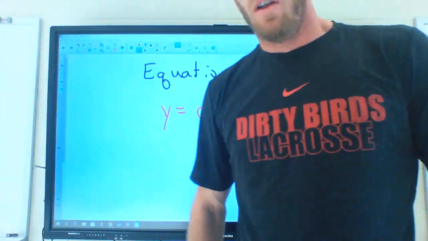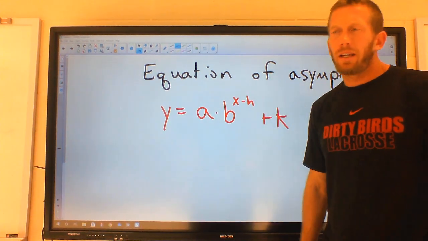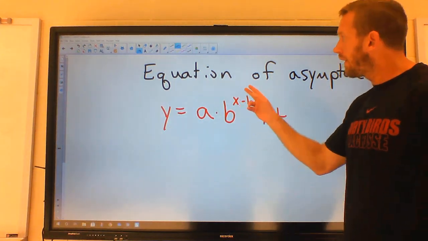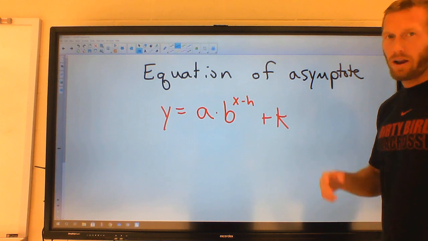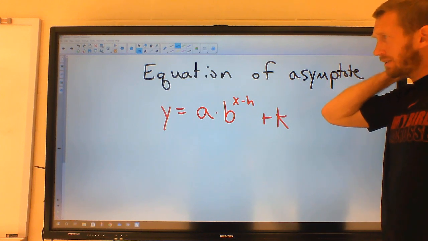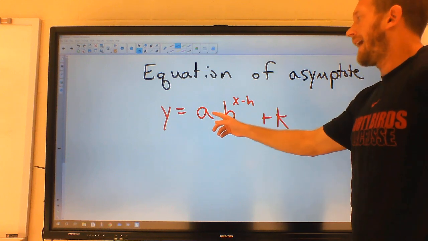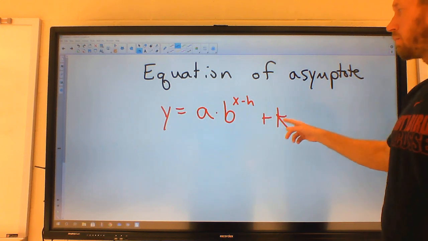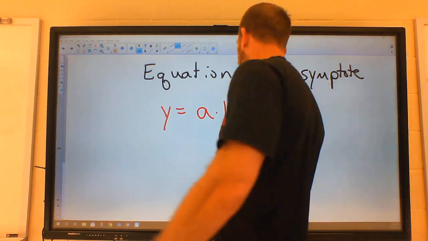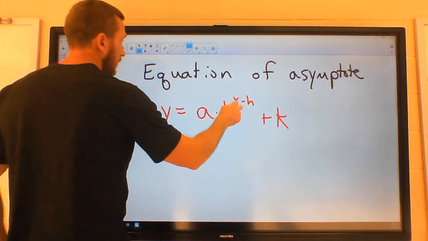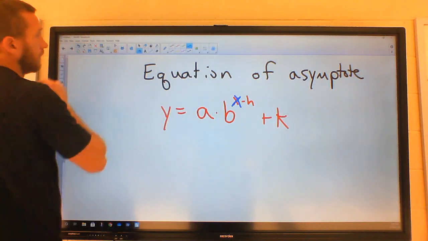So that's kind of everything as far as identifying if something is growth, decay, or neither. All right, the next skill that we're going to be getting into is writing the equation of our asymptote. Now, if you recall, our exponential functions were y equals a times b to the x minus h plus k. I know, a lot of complicated stuff. Basically, it's all numbers except for the x.